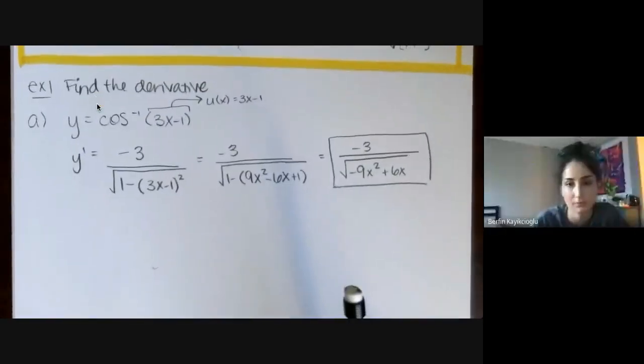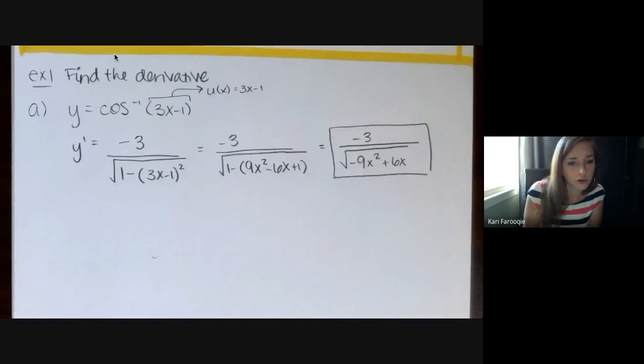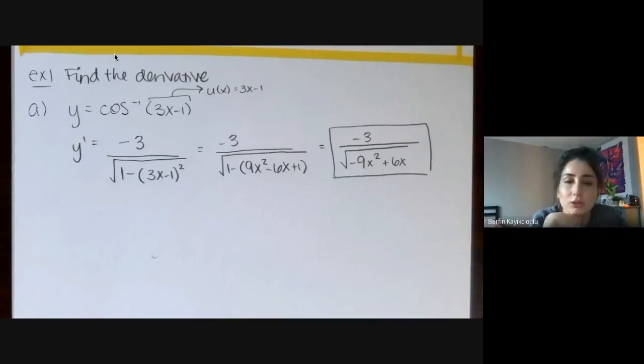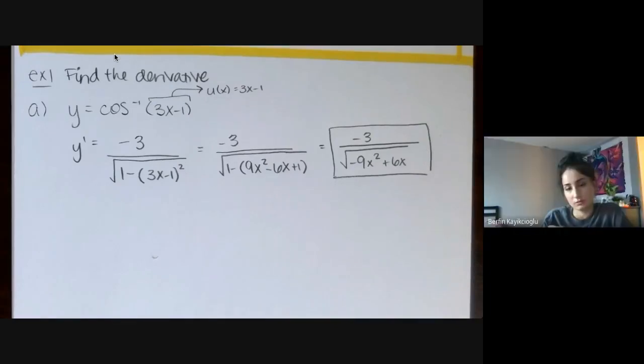I have a question. Could we put like 1/2 to get rid of the radical, or no? So like 1 minus 3x minus 1 to 2, and then parentheses 1/2. You mean like rationalizing the denominator? Yeah.